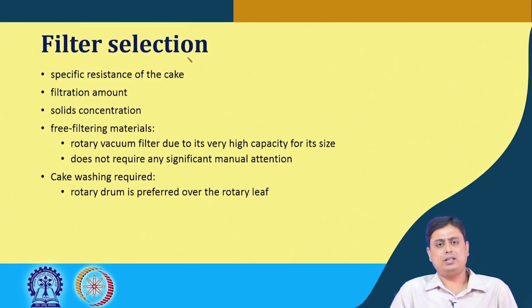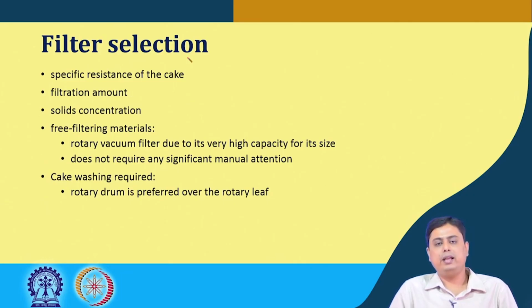Now, typical suggestions are there. There are exhaustive suggestions in the textbook or reference book that I have mentioned. For example, for free filtering materials, the rotary vacuum filter is an efficient application because it provides very high capacity for its size.